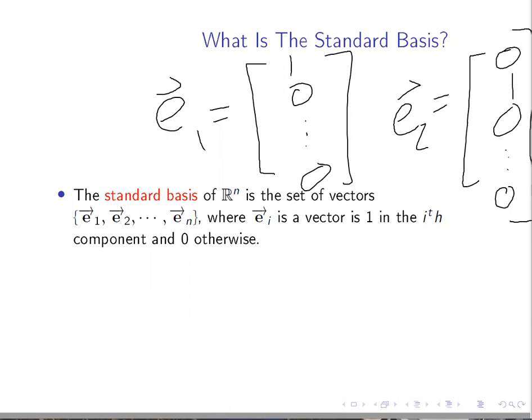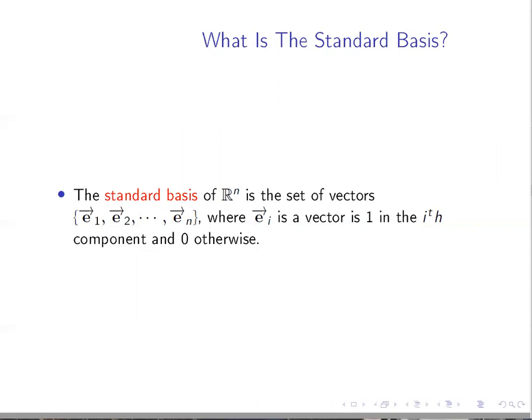So ei has a 1 in the ith place and zeros everywhere else. These vectors are considered the standard basis. That doesn't mean they're the only basis, but they are the standard one, and the one that is used most often. We like them because they're very, very simple, so we often try to write things in terms of similar matrices.